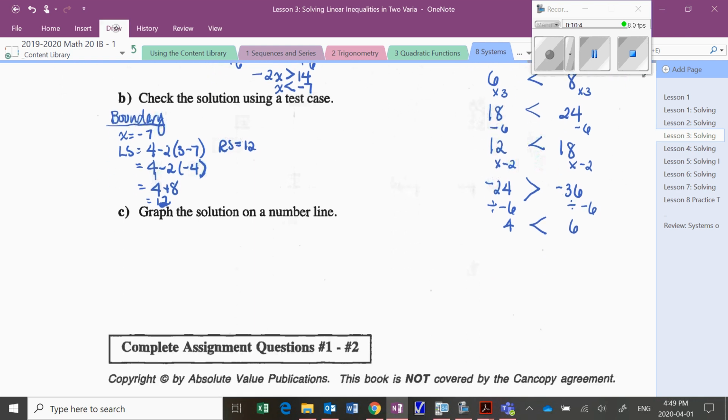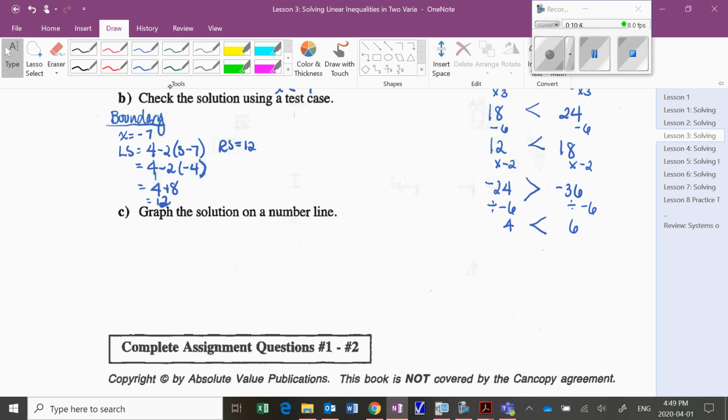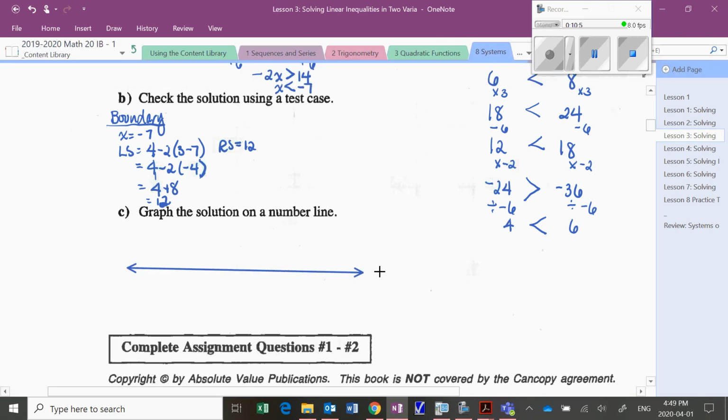So what do I mean again, if you're still not sure what I mean by the boundary? We're referring to, if we're choosing to graph our solution, here is 0 right here, and we'll go with 1, 2, -1, -2, 3, 4.